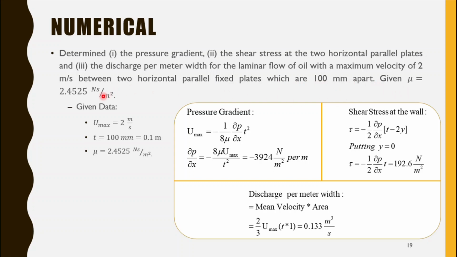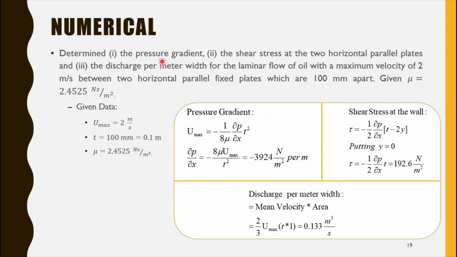given that mu is equal to 2.4525 Newton second per meter square. Here we have been given the maximum velocity, that is 2 meter per second. Second, the thickness between these two plates is given, that is 100 mm, and viscosity is given. Just convert this into SI unit, that will be 0.1 meter.